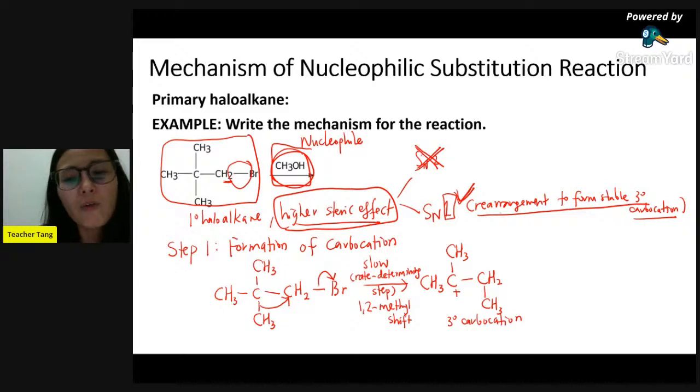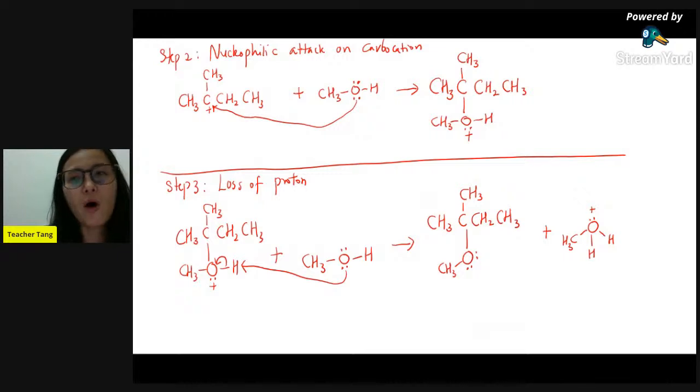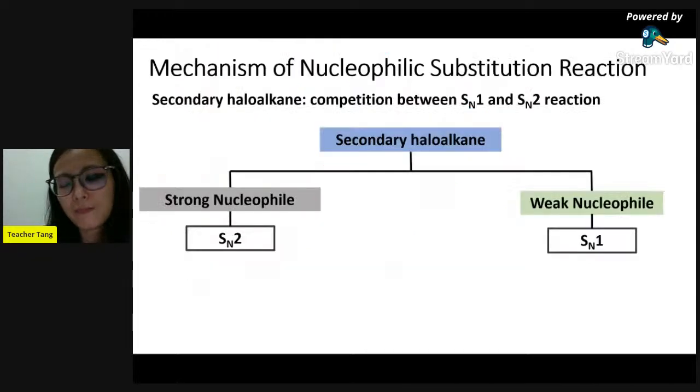It will proceed through SN1 involving rearrangement to form a more stable carbocation. That is for primary haloalkane. How about secondary haloalkane? For secondary haloalkane, we look at the nucleophile.